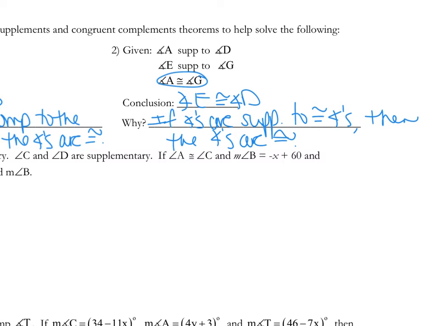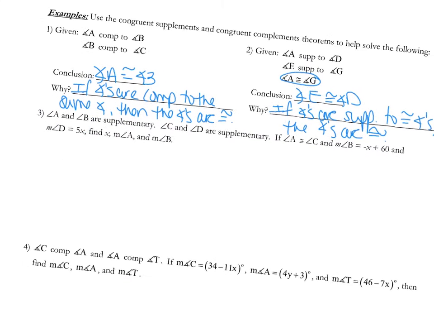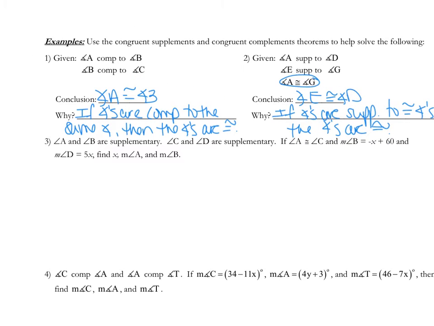All right, let's use these with some algebra first before we start with the proofs. It says A and B are supplementary. So angle A plus angle B equals 180. C and D are supplementary.